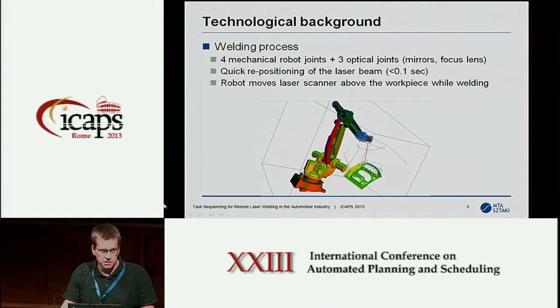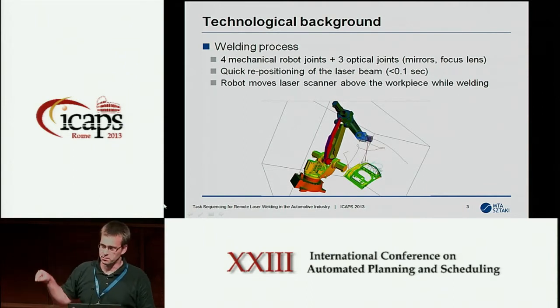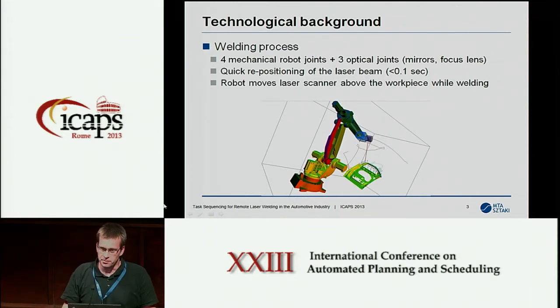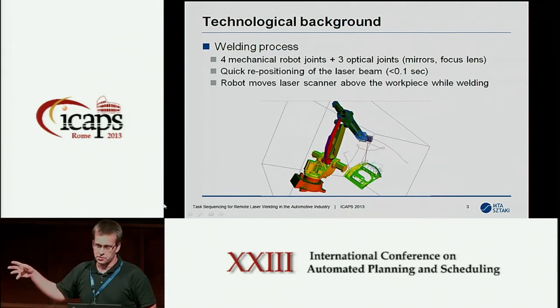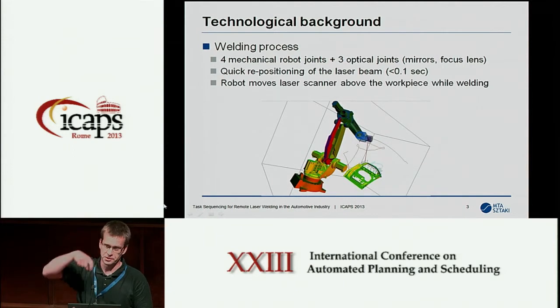And it is important that the optical joints are very quick, so the laser beam can jump from one position in the 3D space to the other. Also, the robot can move continuously while the scanner is welding. So in the ideal case, the welding operation looks like the robot moves continuously while the laser beam just jumps from one welding stitch to the other.